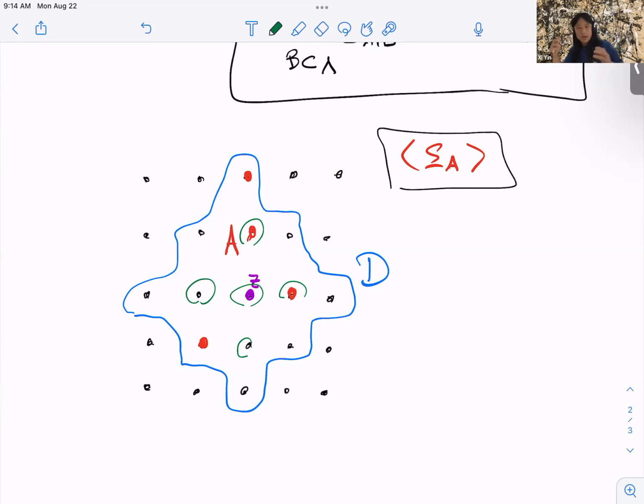Now, of course, if you want to probe long distance spin correlators, you want to take the domain D to be at least big enough to cover that, and then numerically that's going to become more expensive. So for now, we're just going to be focused on short distance correlators, but I want to emphasize that these are still going to be results for the strictly infinite lattice.